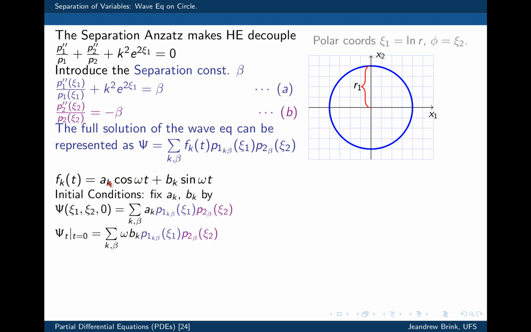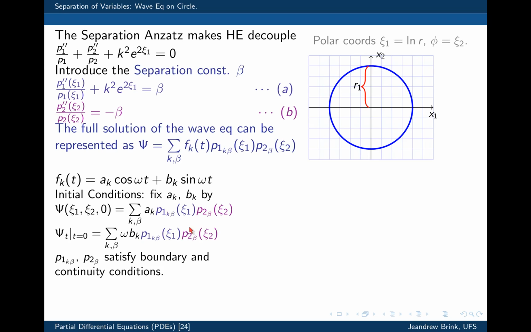So omegas come out, this becomes sine, and this becomes cos. So the sine term vanishes, and you're left with omega b_k times 1 times this expansion. So you now have a way of determining a_k and b_k. That's at least one thing, and let's now start examining what happens to these other functions.